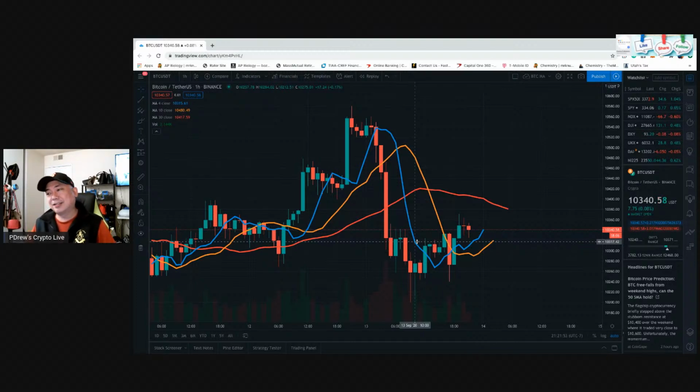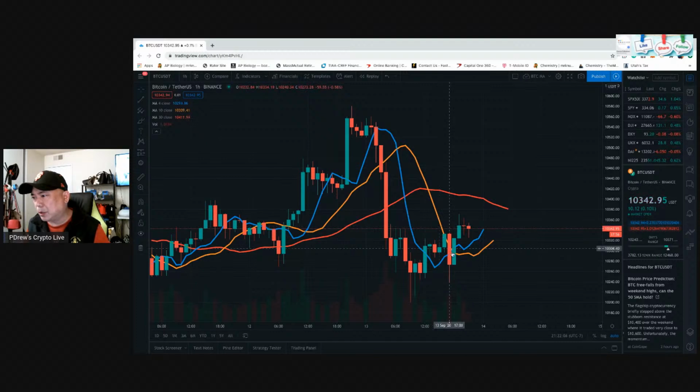Was that clear? It's easy, right? There you go. You can always see where the cross is, and you can close right over here. Again, when the yellow crosses the red, you can close it. If you don't want to be greedy, you already earned the win.